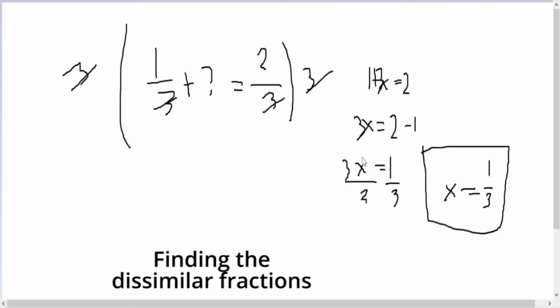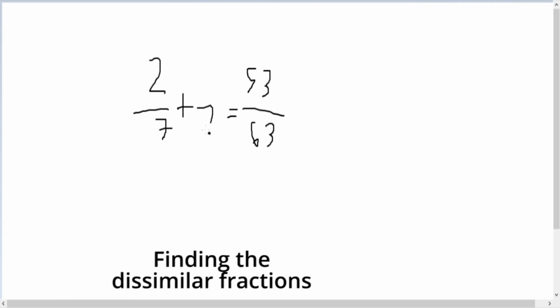So now we're going to move on to the dissimilar fractions. How do we find this? For example, I'll go here like this: question mark equals. Okay, so this one, how are we going to find the number?